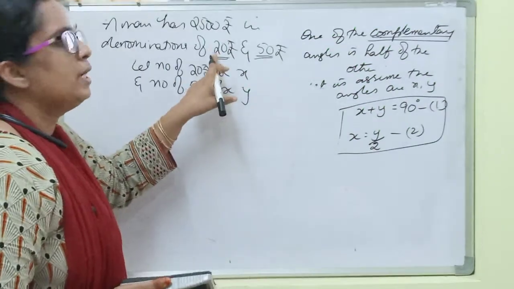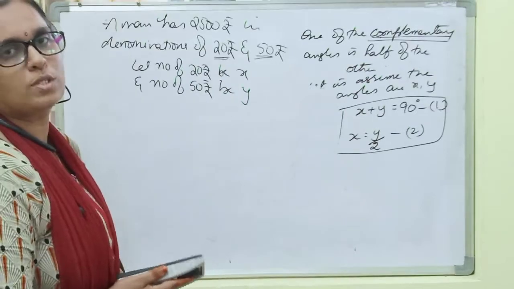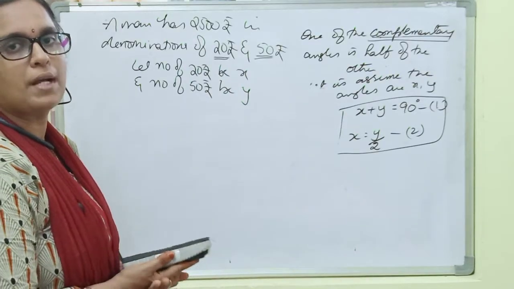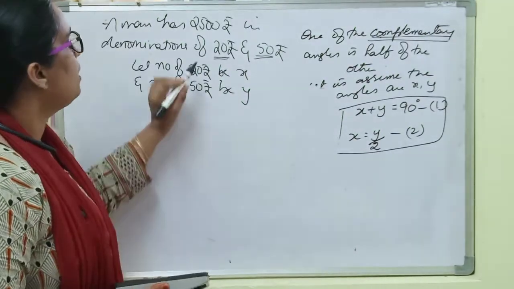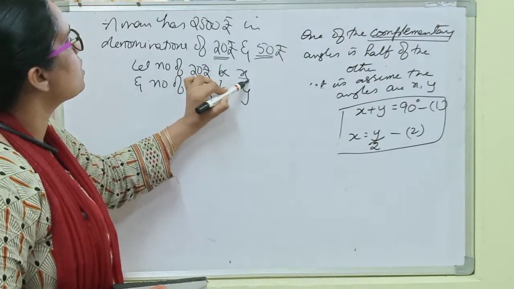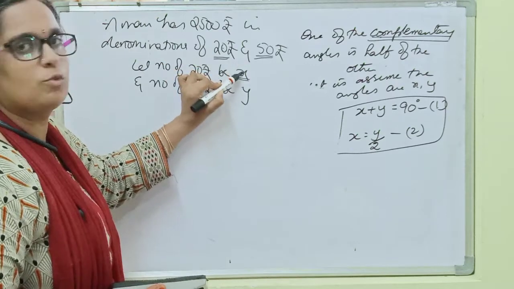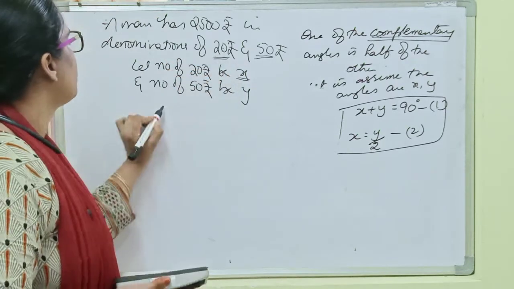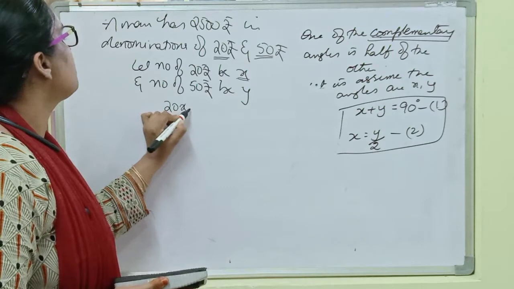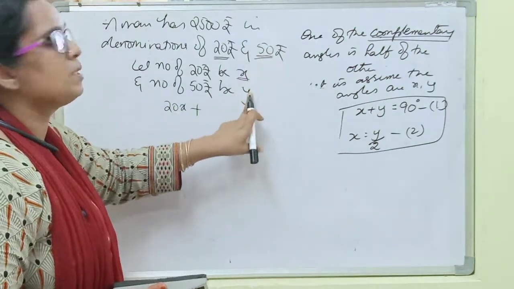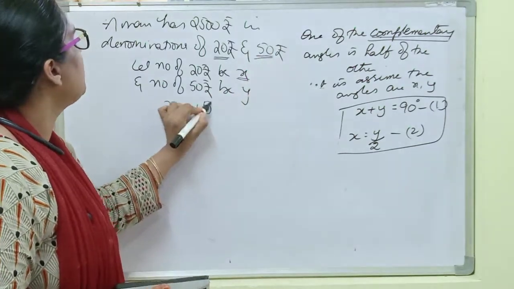For example, if I am having 5 20 rupees notes, how much amount will I be having? 5 into 20, that is 100 rupees, right? So here how many 20 rupees notes are there? x 20 rupees notes are there. So total amount with him with 20 rupees is 20 into x plus how many number of 50 rupees notes are there? y. So 50 into y.